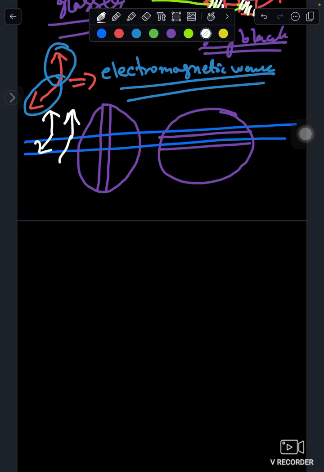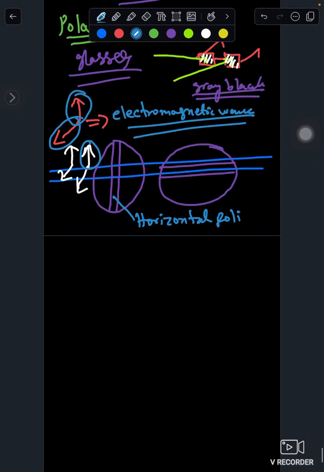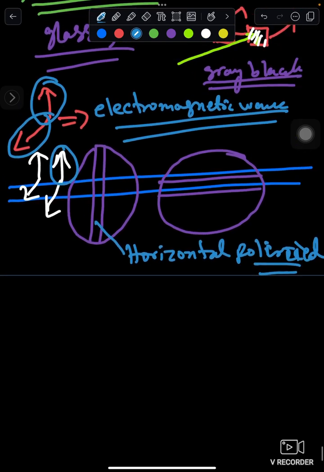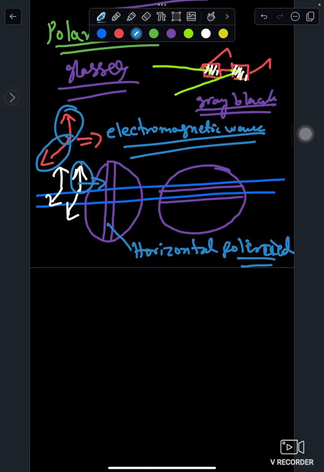Let's suppose this one right now is a horizontal polarized paper. So what happens is that when this light, an electromagnetic wave, passes through this polarization, the vertical will stop.